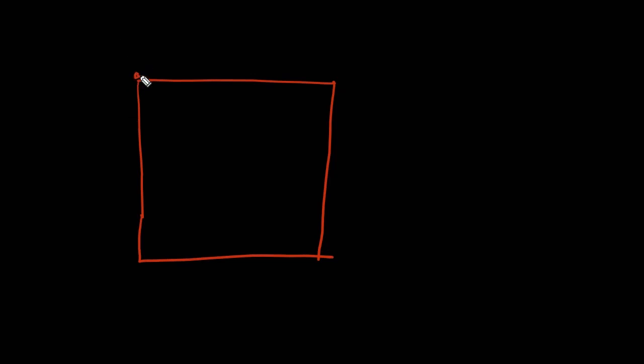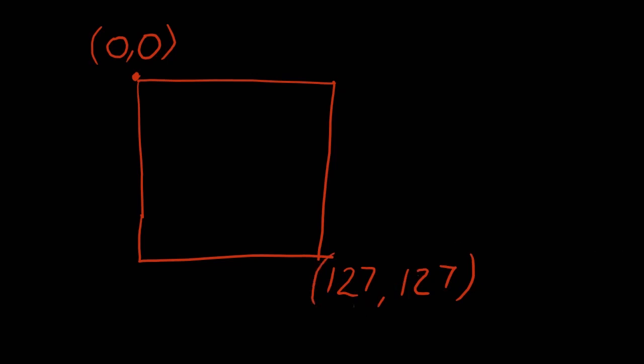So if you imagine the Pico-8 screen like this, the top left corner up here is 0, 0, and the bottom right corner is 127, 127. That means if we think about the X-axis for a second, running along here, the largest X value over on this side is 127, and the smallest is 0.